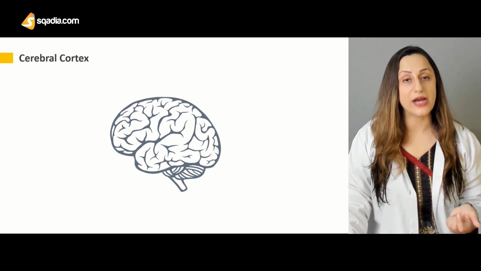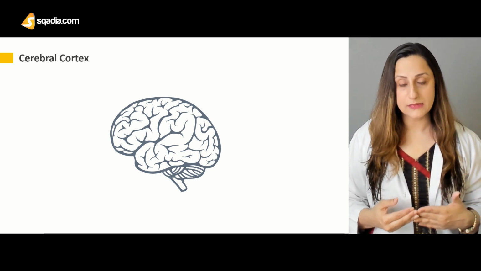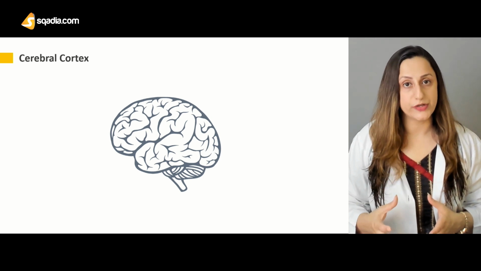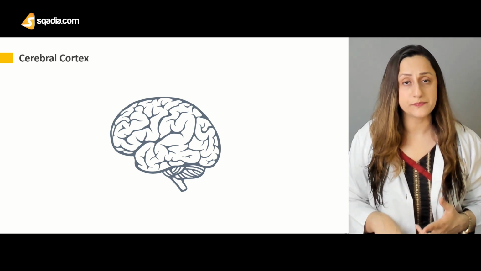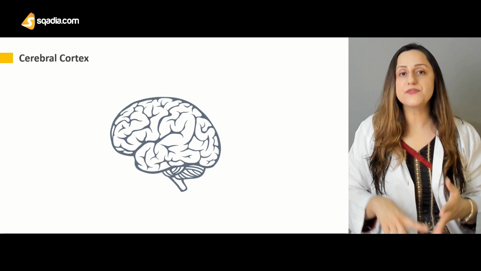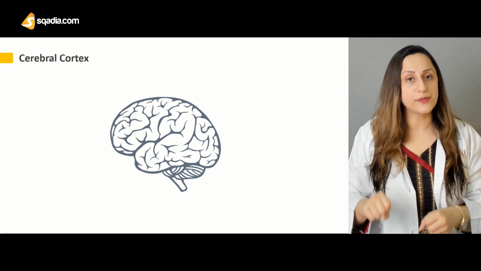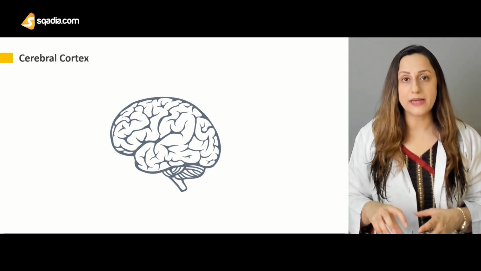And then we have the secondary motor cortex, which is present slightly posterior, and it is Brodmann's area 4 over here. So we have a primary motor cortex, a secondary motor cortex, and then some of the parietal areas as well. Particularly, we have Brodmann's areas 1, 3, and 2.